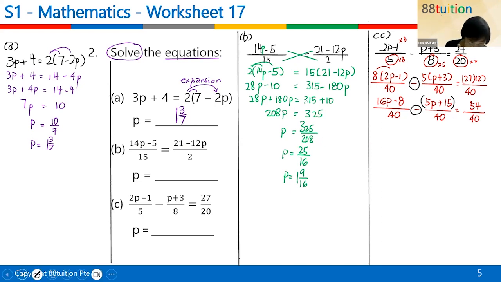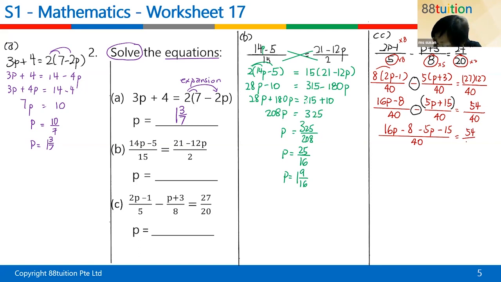Okay, so coming back here, I'm going to make them into one single fraction. Okay, look here. I will have 16p minus 8, minus 5p, but I have to minus my 15. And that gives me 54 out of 40. Okay? So far, so good?